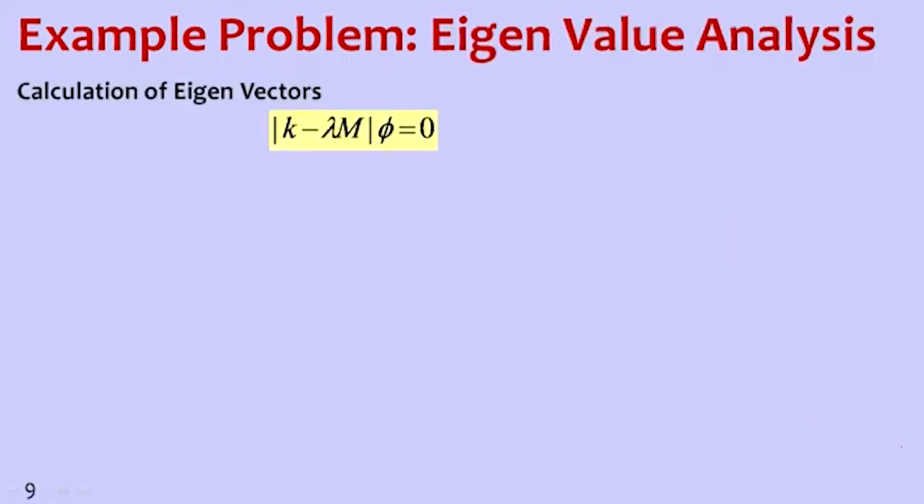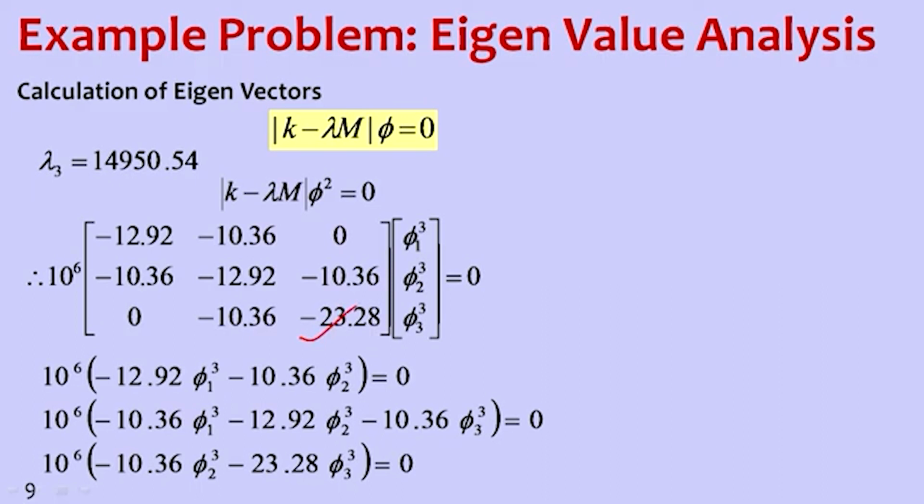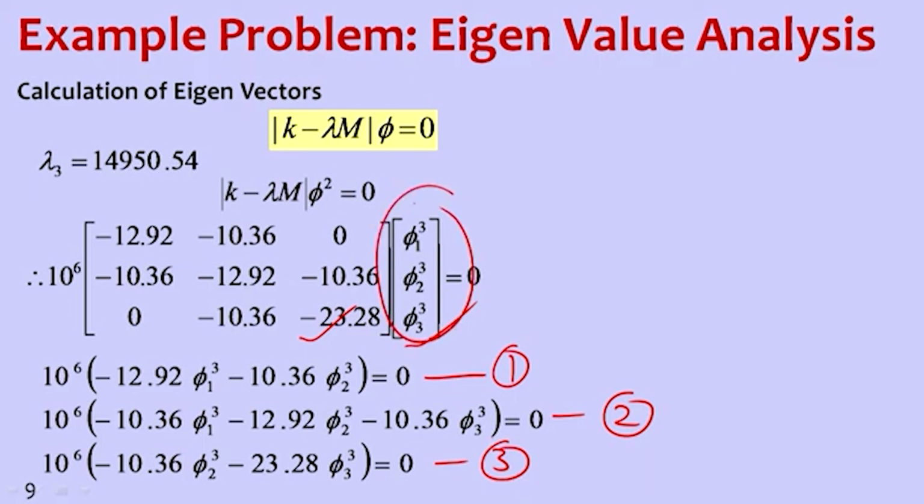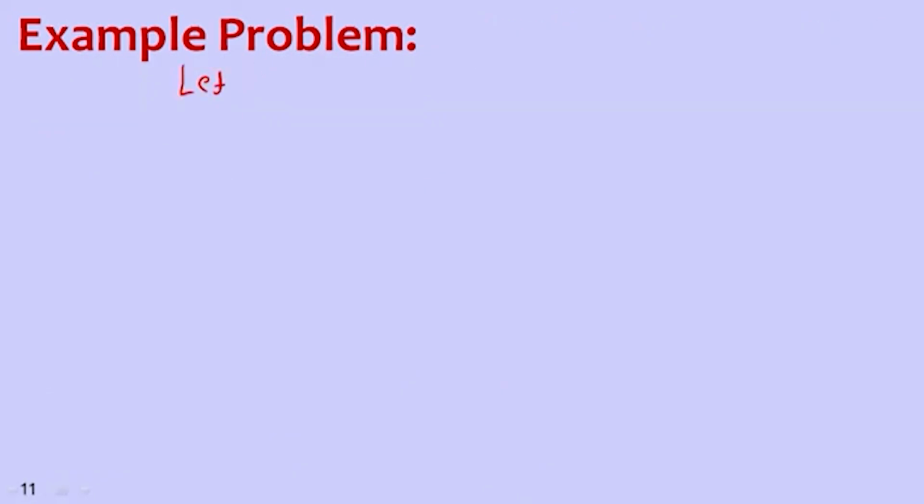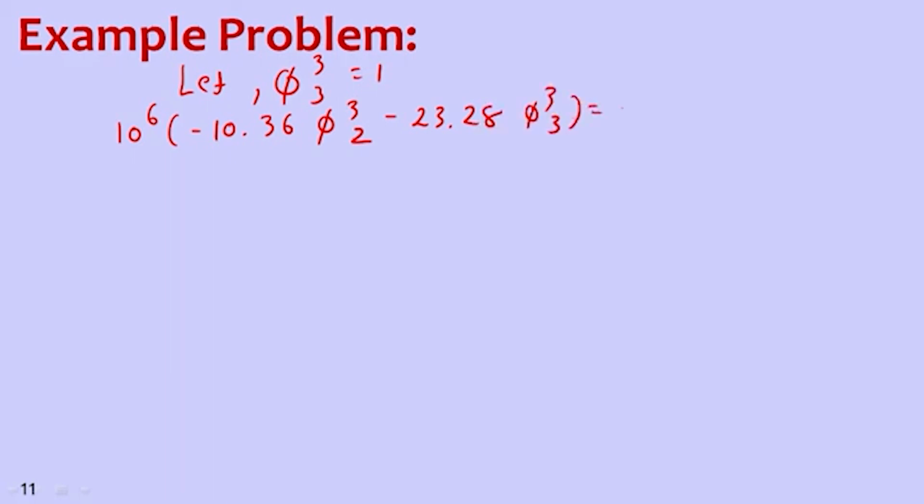Now the same way, when we go for the third calculation, we get the 2 matrix. Multiplication of this 2 matrix will lead us to 3 equations where we have 3 unknowns. This time, we assume alpha 33 as a 1 and rewrite the third equation: 10.36 532 minus 23.28 533 is equal to 0.